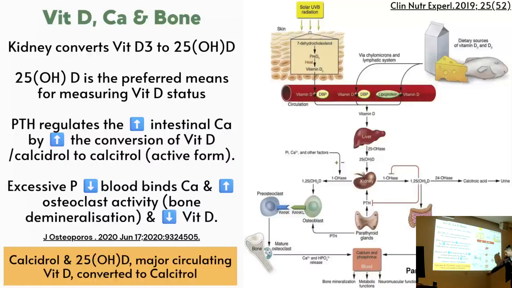Now what happens at this point here is you might get mineralization, so it might get released and then you get some bone remodeling and more is laid down, or the calcium might go for muscular contractions, or it may go for neuromuscular function. It just depends on the requirement for the calcium.